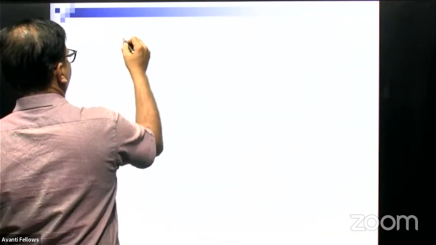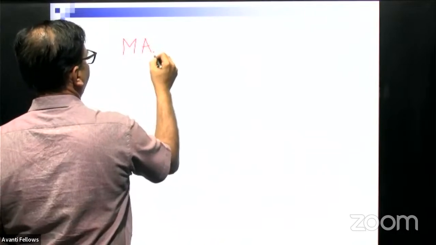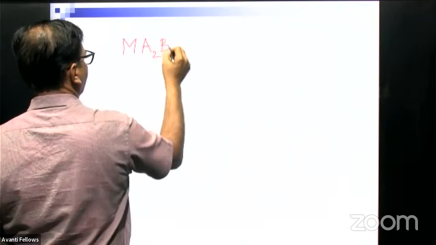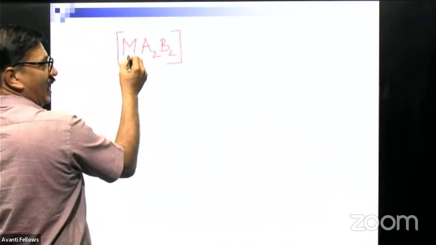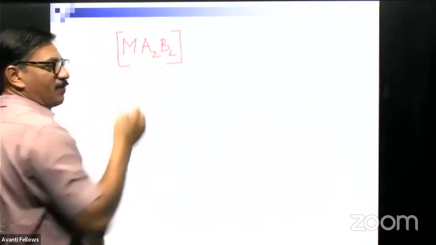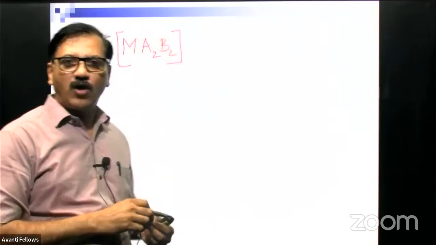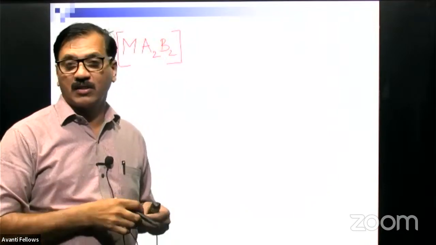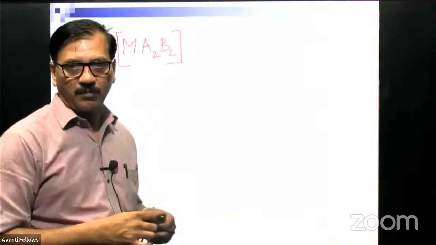Now, what are the types possible? Suppose I judge the general form of this. Okay, Ma2b2. We have seen that among square planar complexes, if for the metal atom there are two A type ligands and two B type ligands, then it forms a square planar complex with cis and trans forms.